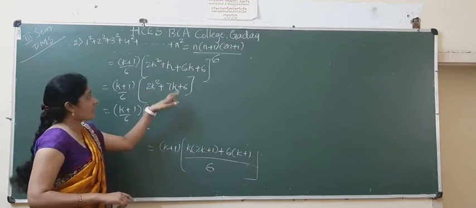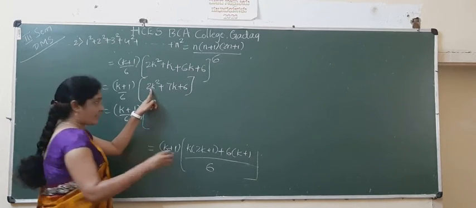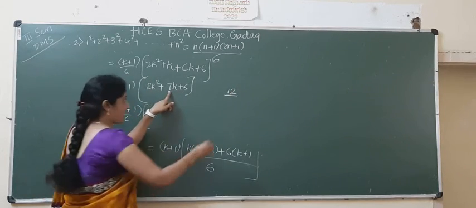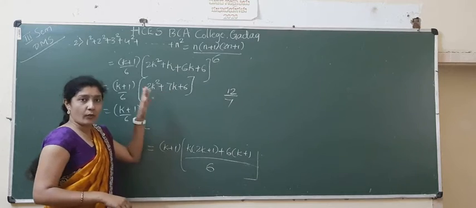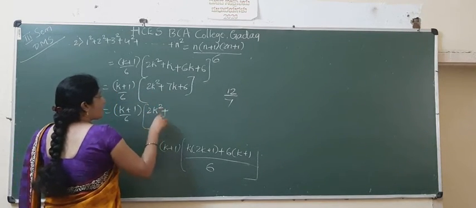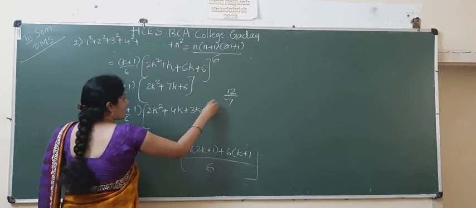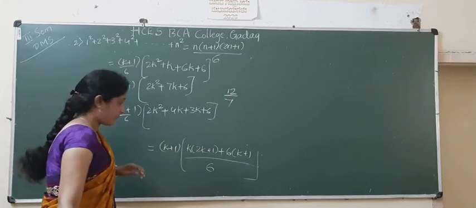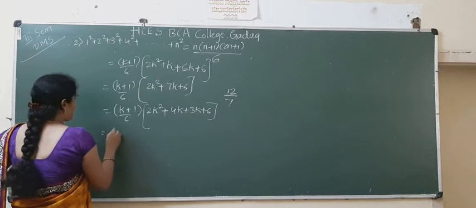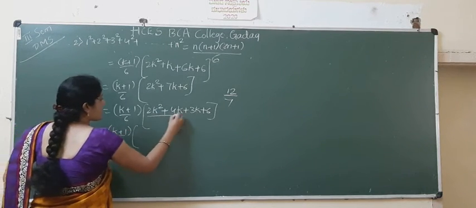How to solve this equation? See, if you multiply, you must get 6 twos, that is 12. If you add, you must get 7. Which are those numbers? 4 and 3. Therefore, 2k square plus 4k plus 3k plus 6. Now, k plus 1 divided by 6, and here it is 6.